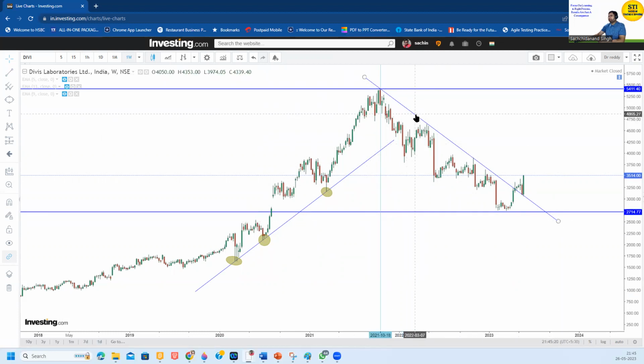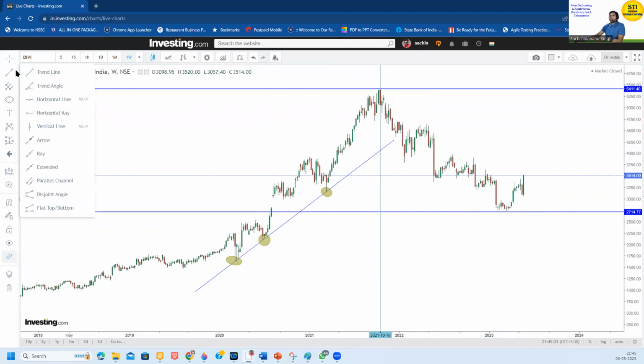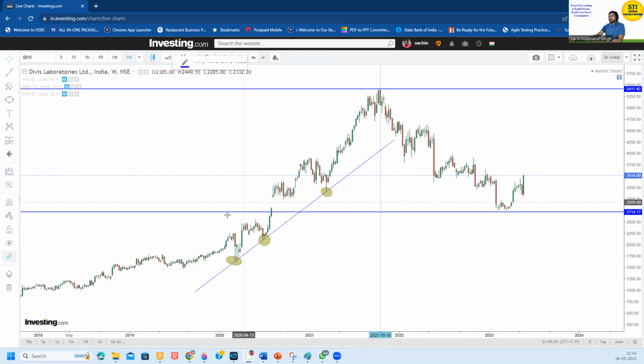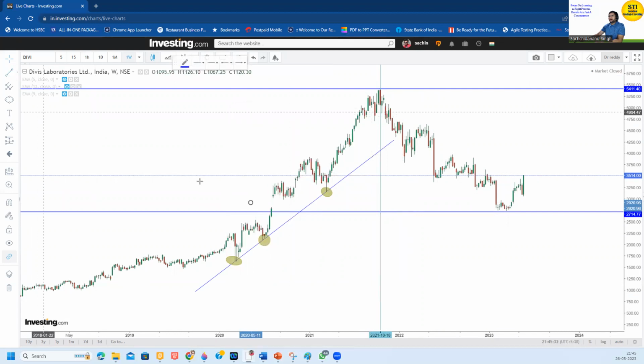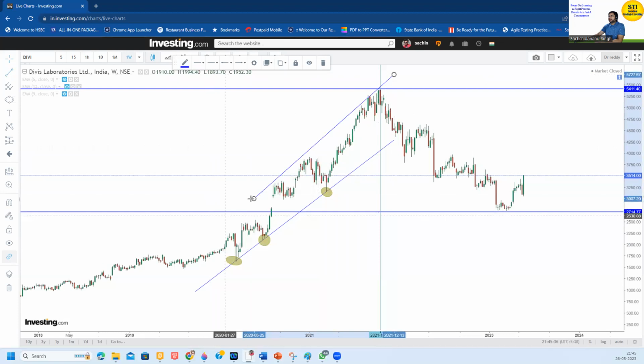Okay, there could be another resistance line. For example, let's take, suppose this is one. So I'm just connecting all the highs of something like this. Okay, this is also a resistance because every time the price is touching here but not moving further.